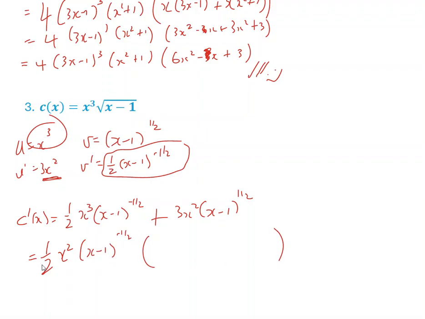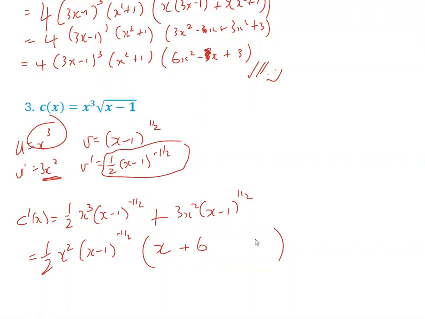So the half went outside. I had x^3 and I'm taking out x^2, so that leaves me with x. And this whole (x - 1)^(-1/2) goes out. Plus, now I had a 3, but I divided it by half, so that leaves me with 6 in here.